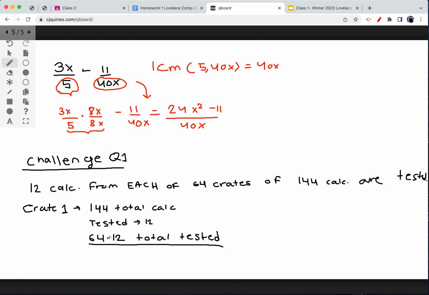Now out of this 64 times 12 calculators, 2 are defective. So out of our tested calculator population, 2 out of 64 times 12 calculators are defective. So this is the ratio or percent of defective calculators.